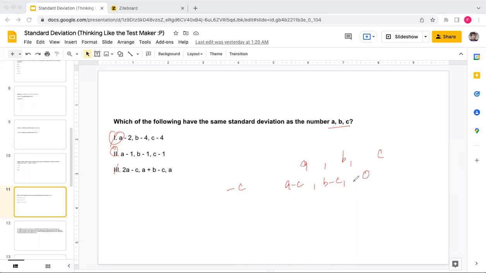Now, if you add A, this will become 2A minus C, A plus B minus C, and A. Isn't this the same as the third one? That's why the standard deviation of this will also be the same, because I am subtracting the same number from each element and adding the same number to each element. That's why there is no effect on the standard deviation.